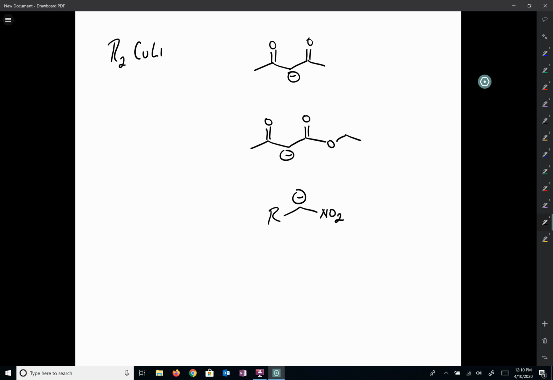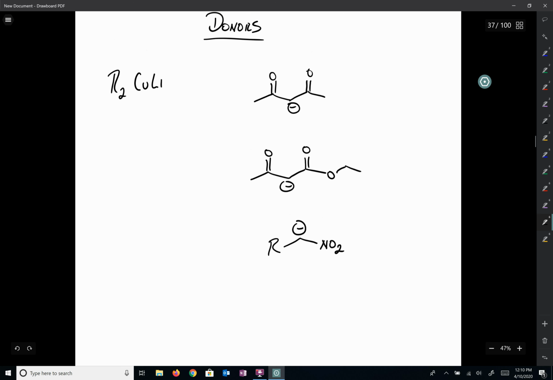Remember we talked about how nitros are deactivating, they suck electron density. The same thing's going to happen to an extent when they're on alkyls here. So if we have resonance delocalized or softer negatives, in all these cases we can draw a resonance structure where that negative is spread out over many different positions, and that's going to be the key here. We can't have a strong localized negative charge. We need to have it dispersed out.